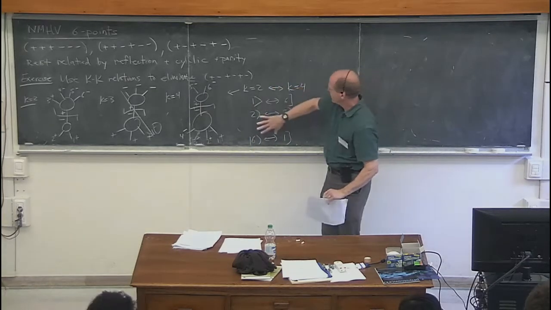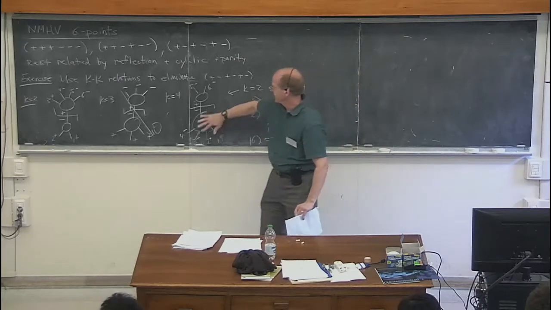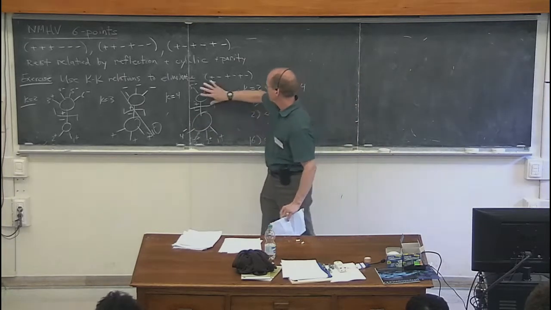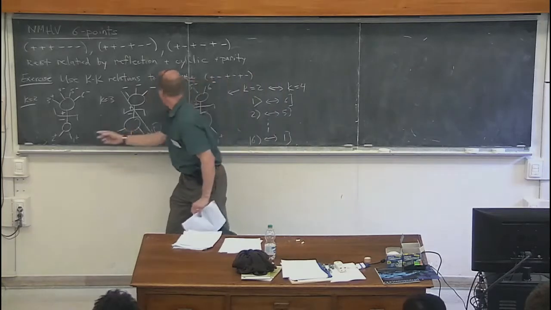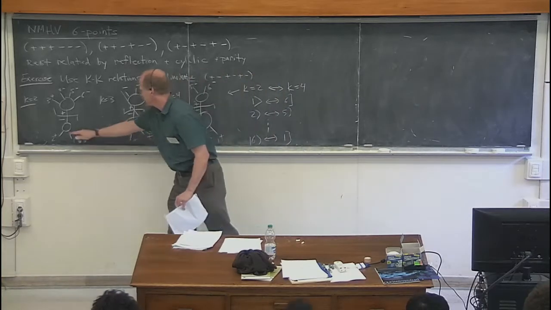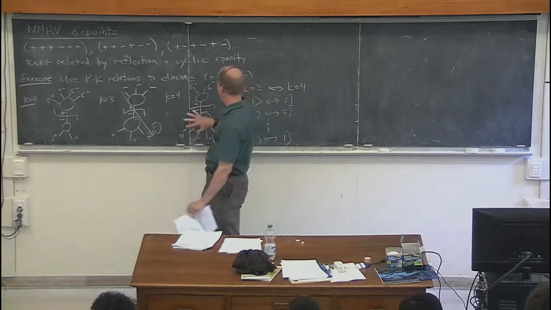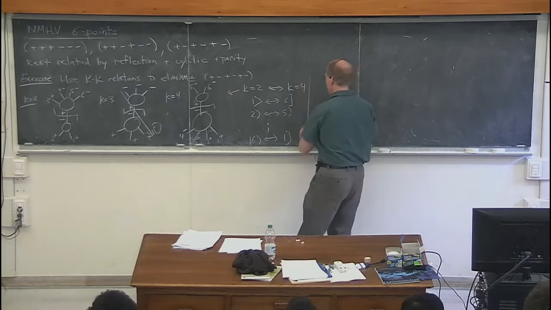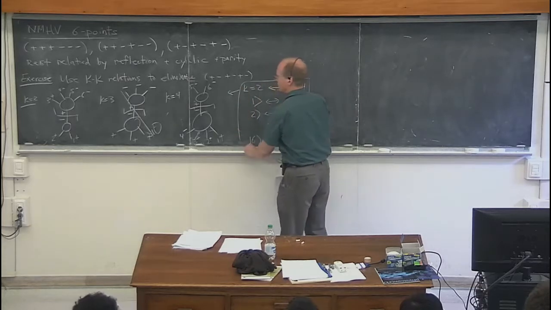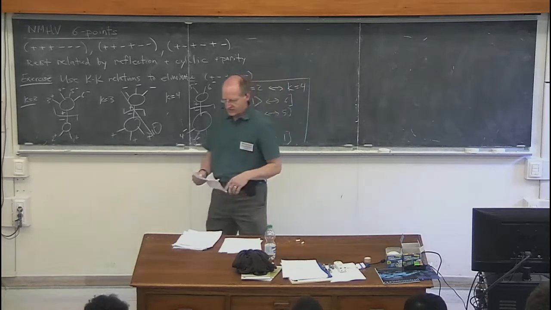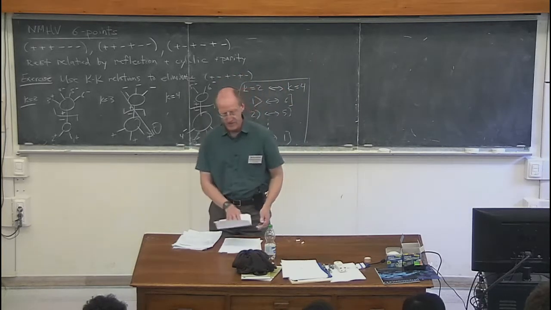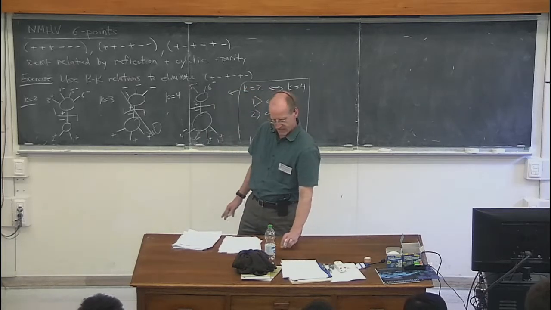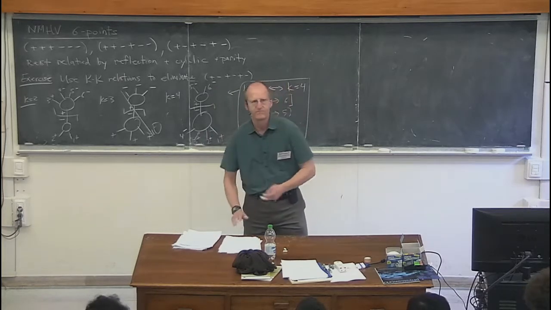So you flip it like this so that this thing becomes the bottom. The 6 minus goes to 1 plus, 5 minus goes to 2 plus, and so on. So you flip it over and conjugate it, and you can map the k equals 2 diagram to the k equals 4 diagram. So we actually only need one BCFW diagram to evaluate this too. And we'll do that at the beginning of next time. Thanks a lot.